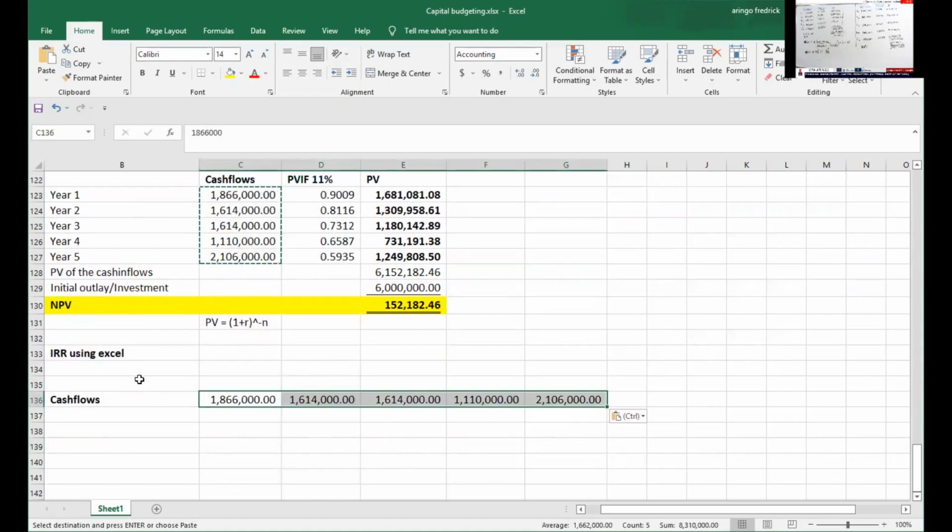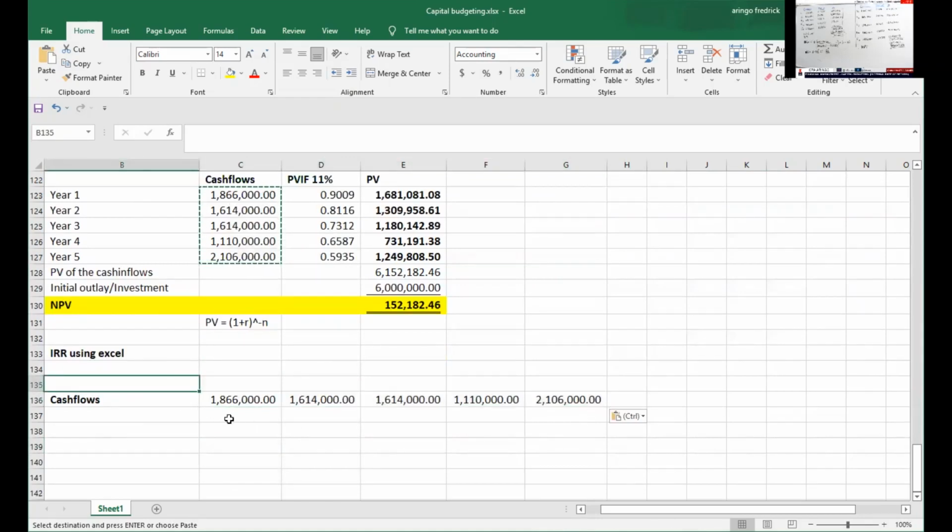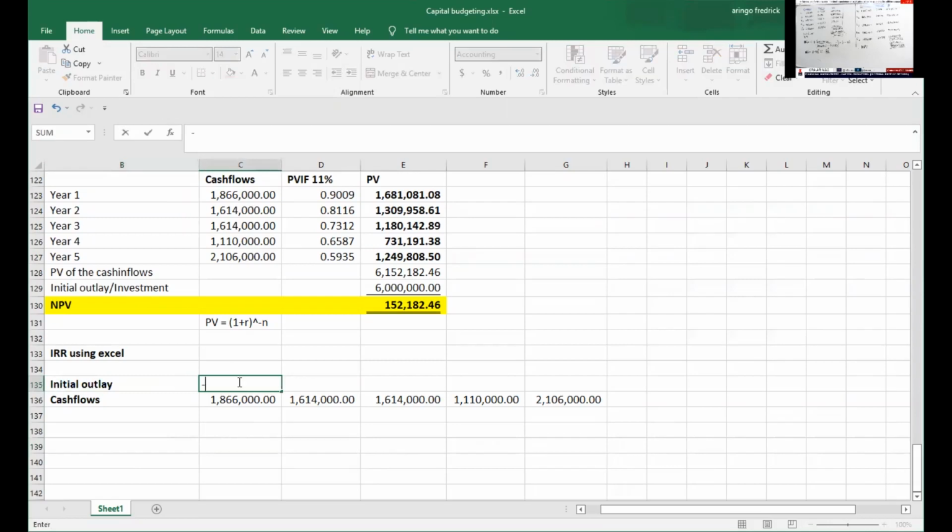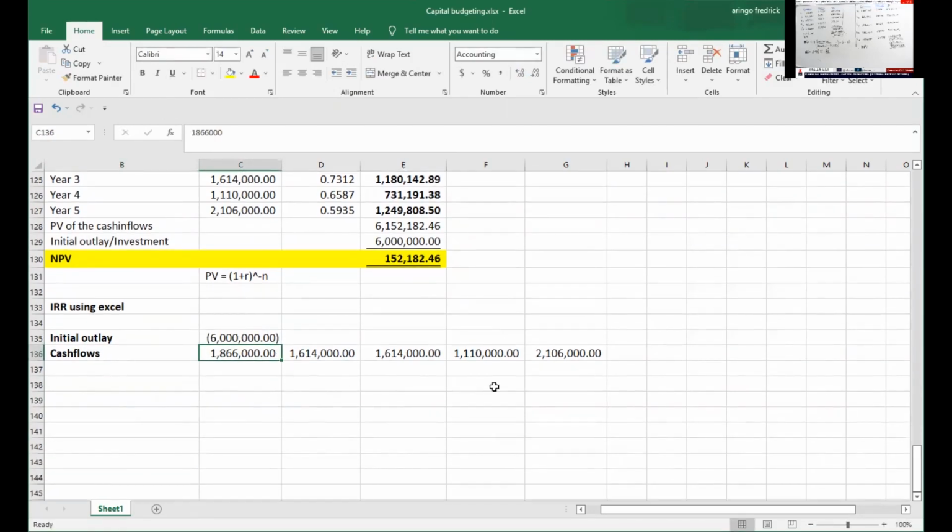Then our initial outlay, or initial cost that we had, I was spending 6 million. So on this case, I just have 6 million because it's an outlay, so having it in negative. Then I want to determine my IRR here.